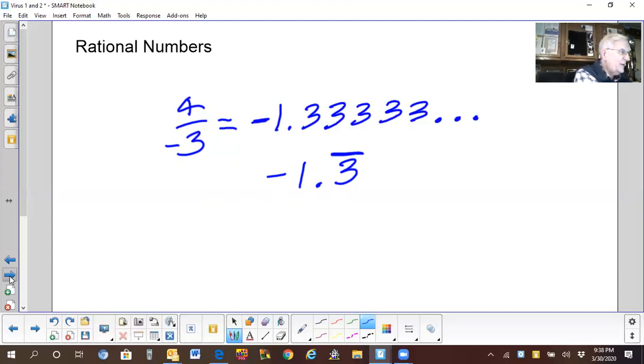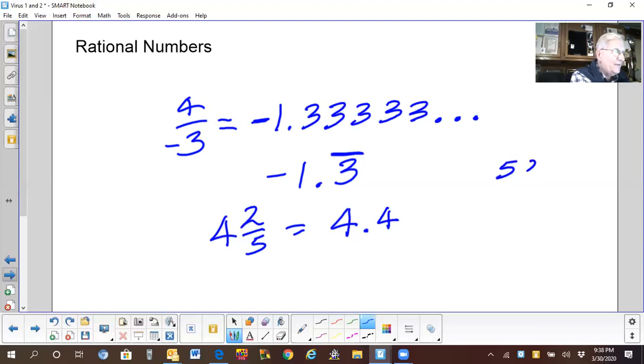So for example, if I use the fraction 2/5, if you divide 5 into 2, you will get 0.4, and it doesn't go anywhere else. It's just 0.4. It goes exactly 0.4 times, okay?